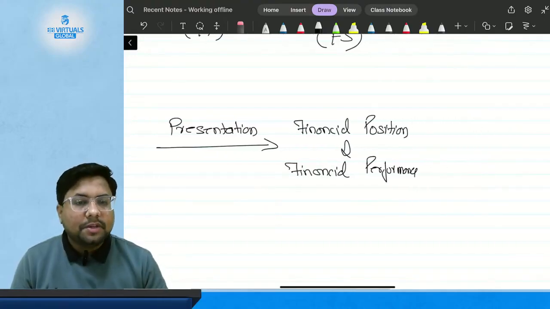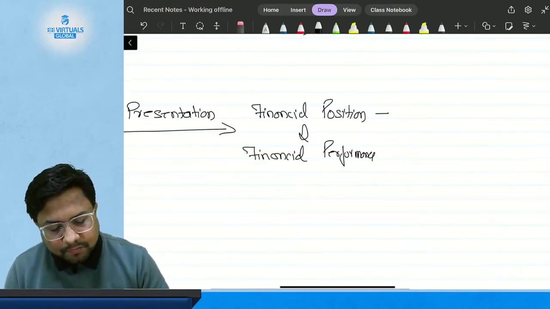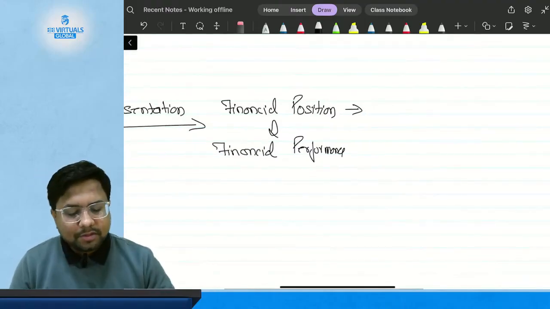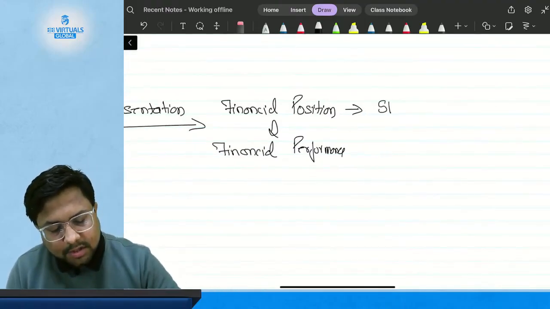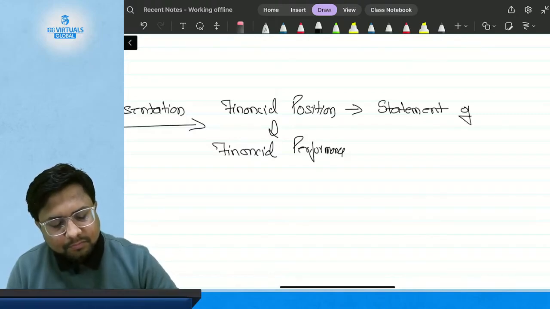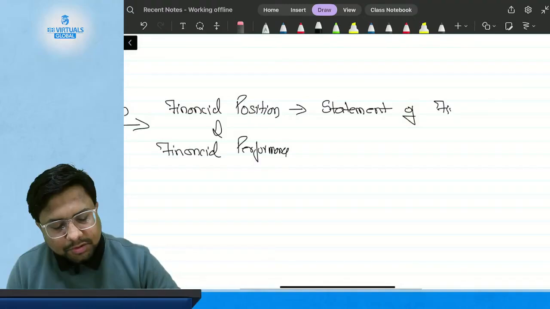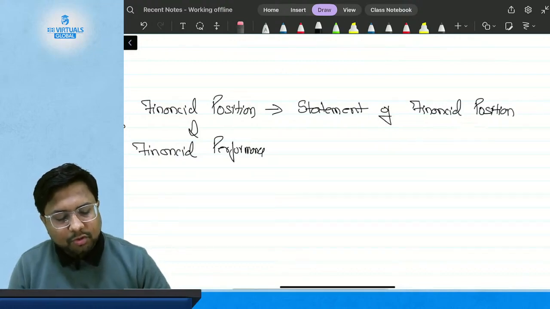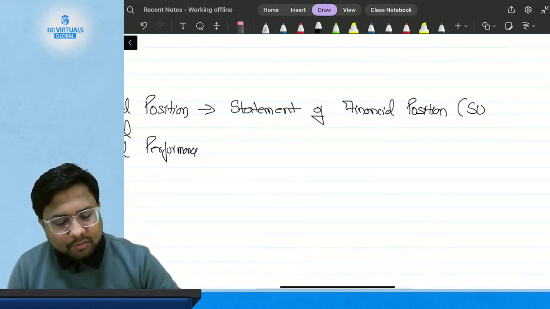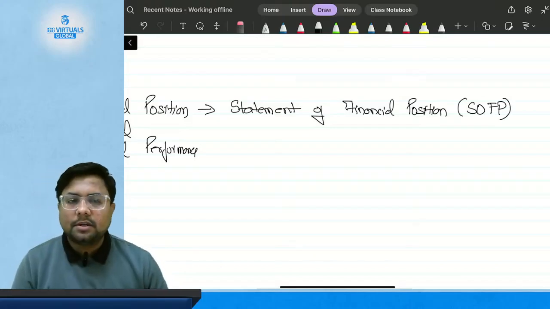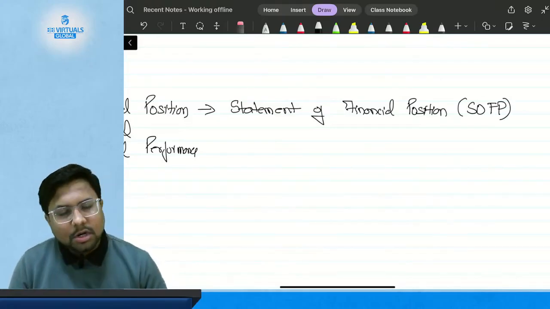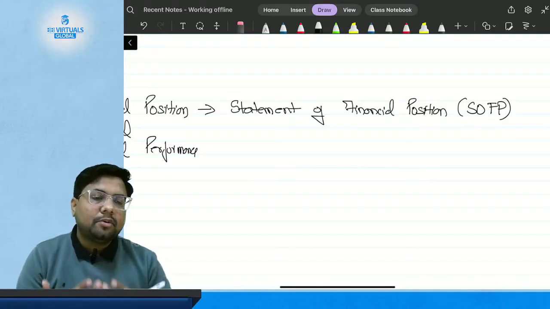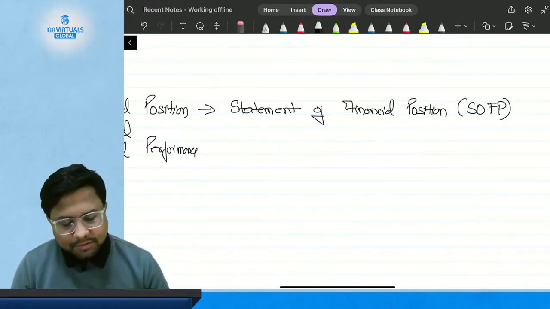Now, what is financial position? It is said to be a statement of financial position, in short SOFP. We will discuss what the statement of financial position is later in this chapter.